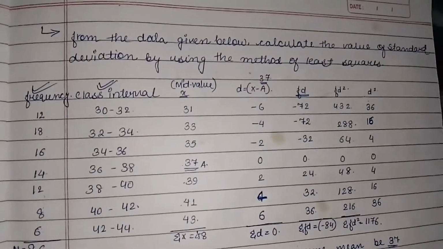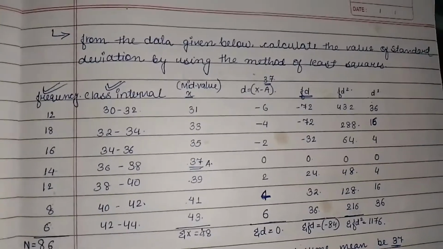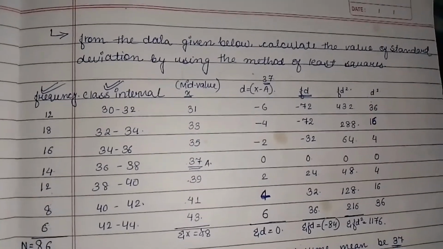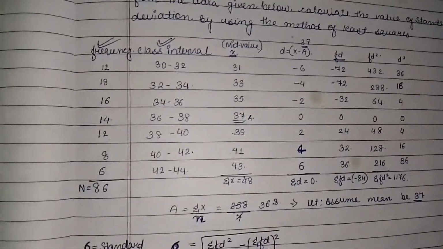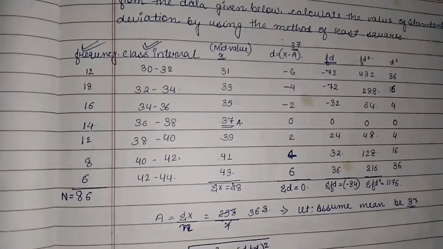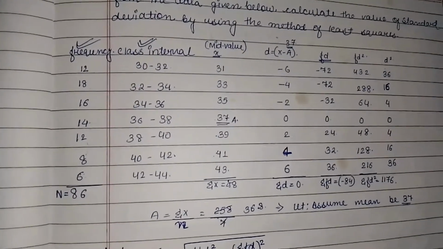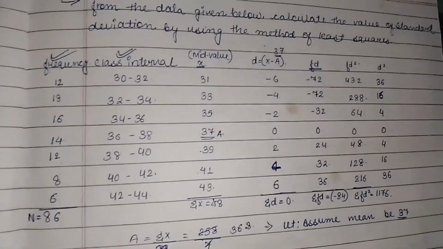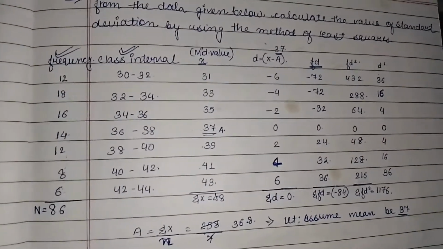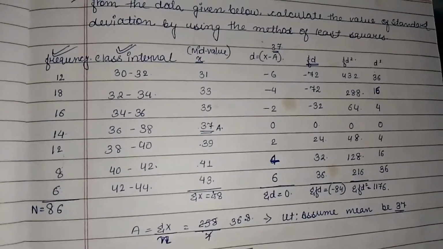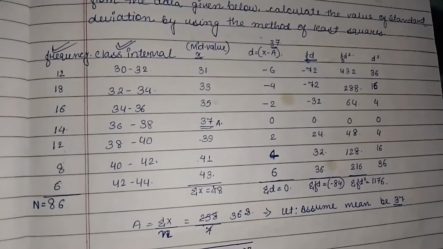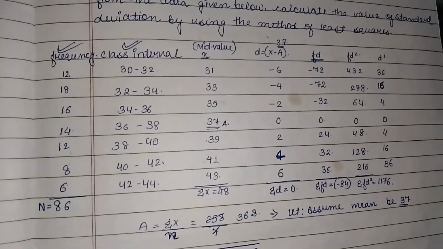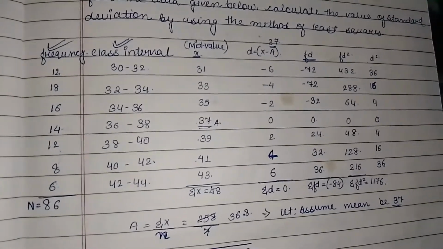From the data given below, calculate the value of standard deviation by using the method of least squares. We have frequencies 12, 18, 16, 14, 12, 8, 6, so n equals 86, and class intervals 30 to 32, 32 to 34, 34 to 36, 36 to 38, 38 to 40, 40 to 42, and lastly 42 to 44.